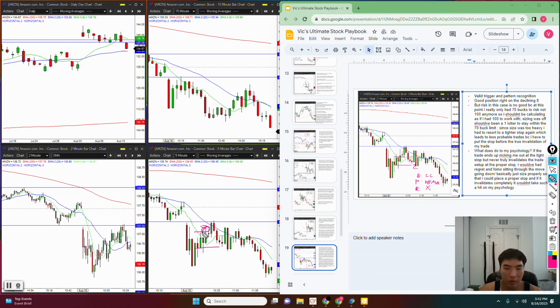It would have stopped me out anyways in hindsight, but look, this is where the trade truly gets invalidated. So I want to think, oh, this trade's gonna go without me. But while I'm sitting here with the tight stop, this thing could have poked above, not fully take out the stops here, and then drop, drop, drop, drop, and I'm over here banging my head thinking, dang, I should have done this properly. So just size correctly.